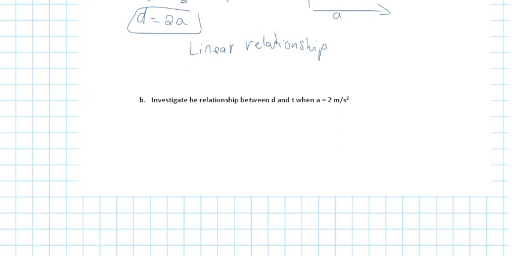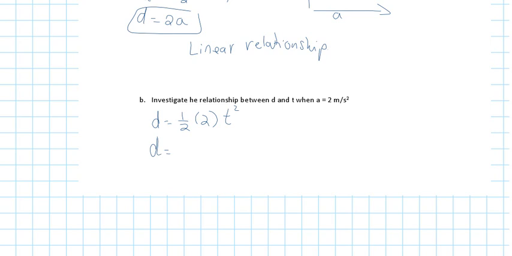All right. So now we're going to investigate the relationship between distance and time, if the acceleration is 2 meters per second squared. So in this case, the acceleration is 2. So that's going to give me d equals, what's a half times 2? 1.